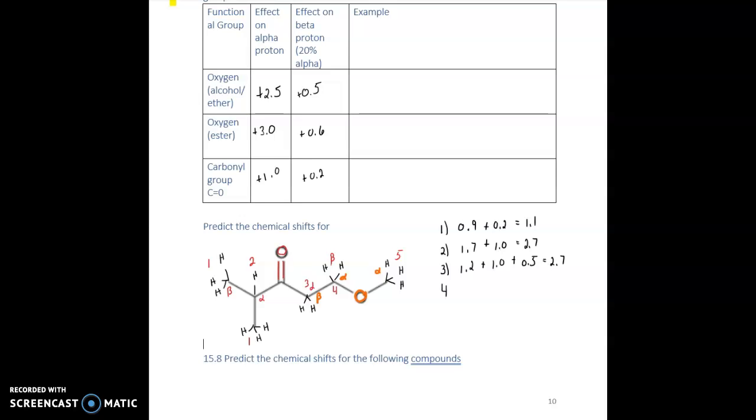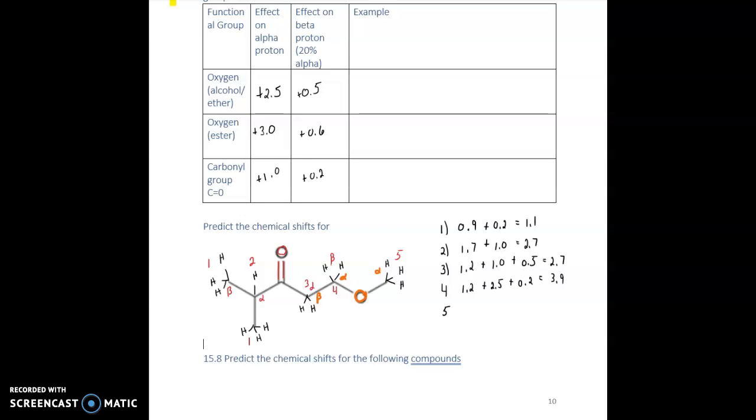The protons at position 4, these are also methylene protons, so we start with 1.2. They are alpha to the oxygen, which gives them 2.5, plus they are beta to the carbonyl, and so we end up with 3.9.